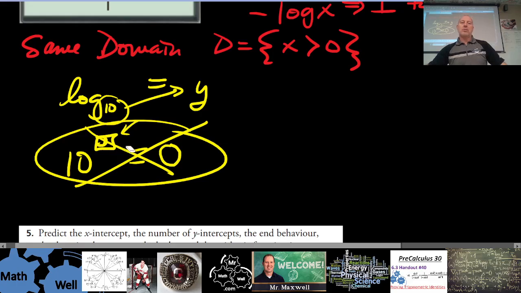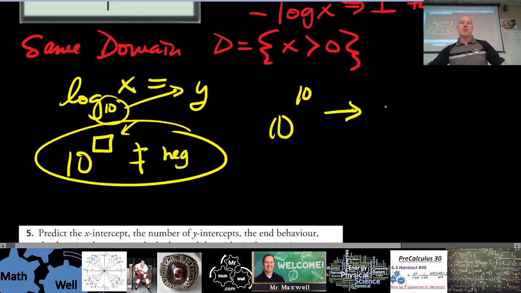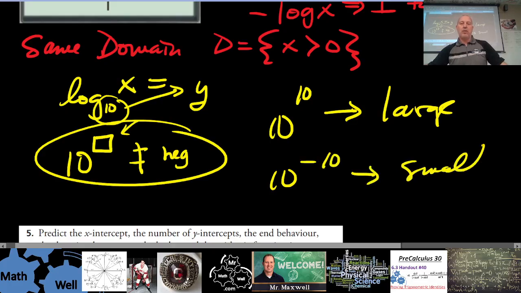But if you think about x equals negative, if you change the powers of 10, this will never be negative either. 10 to the 10, for example, is large, and 10 to the negative 10 is very small.